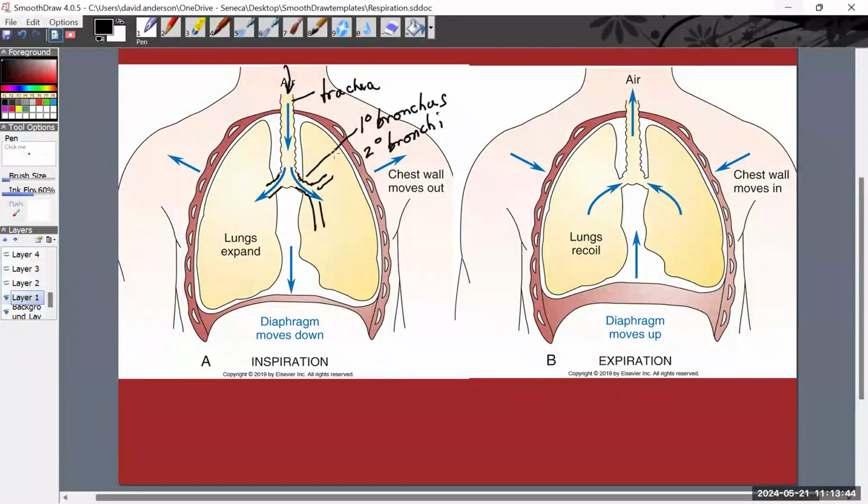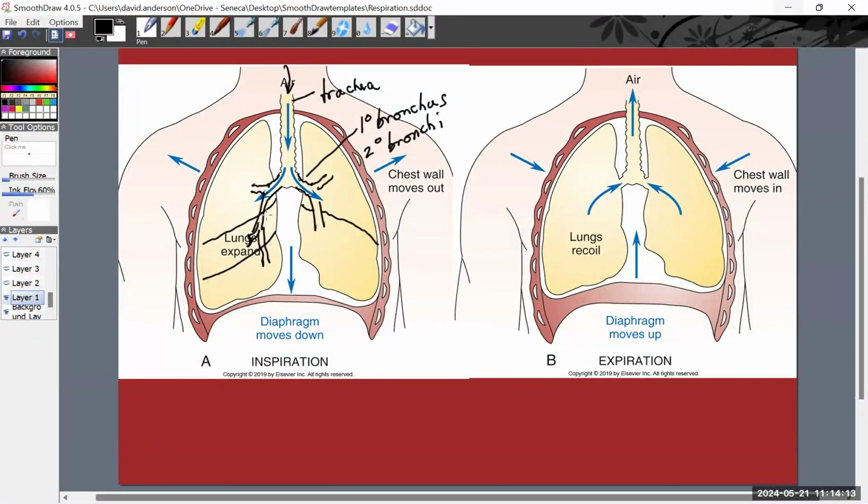In the case of the left side, they divide into an upper and a lower bronchus, because on the left side we've got two lobes, and on the right side we have three lobes. So we've got a secondary bronchus that goes into each of the lobes on each side.